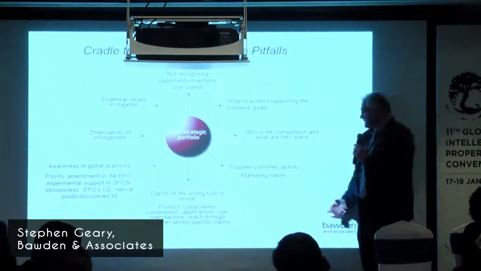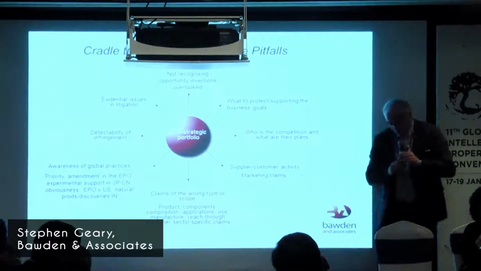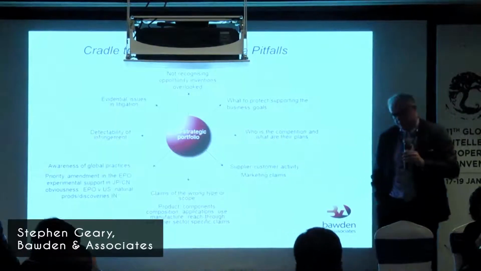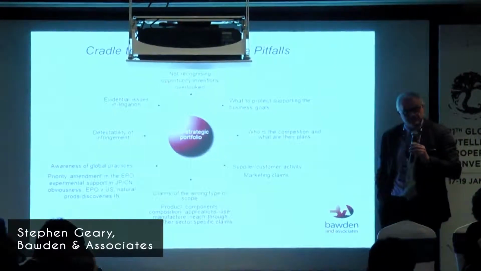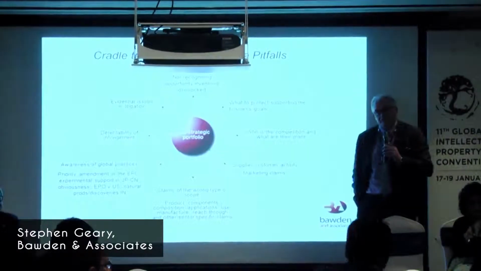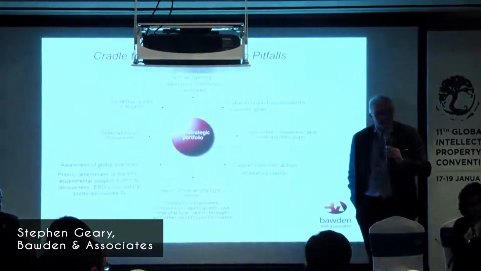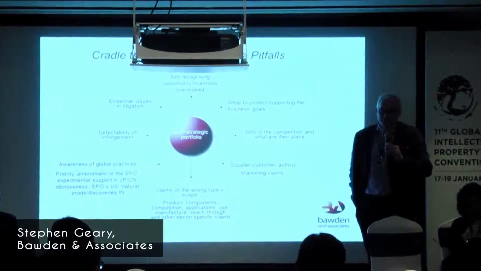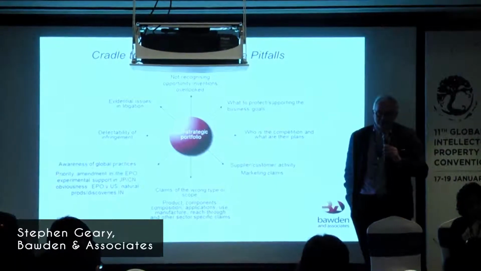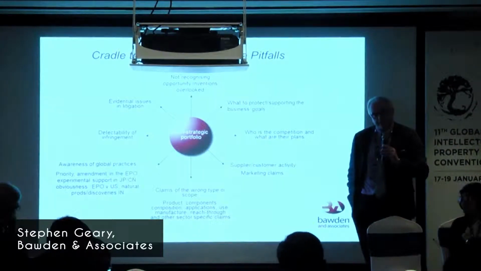Supplier, customer activity and marketing claims. At the moment, we're working with a client. It's a spin-out pharmaceutical company from Oxford University, and they have some incredibly exciting technology, and we've got product claims for them. But they keep finding further uses and further effects for their material.